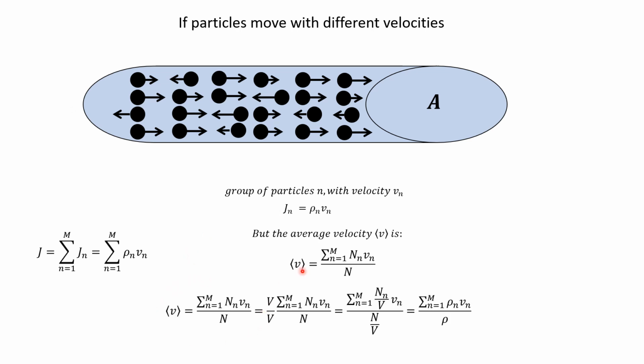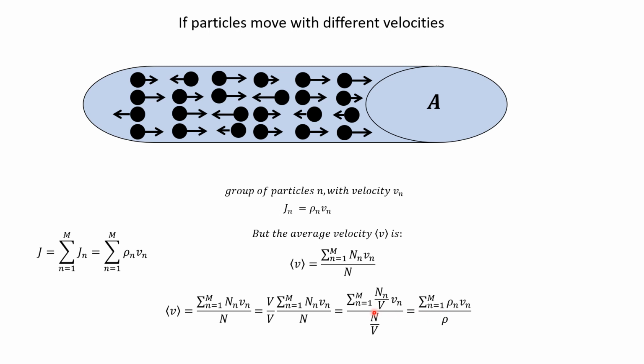Here I'm just repeating this expression because we want to change it to express it in terms of the concentration. To do that, we multiply the numerator and denominator by the volume, and then we move this term here, this term here. So this term is the number of particles with velocity Vn divided by the volume. So it is the concentration of the group N. And this term is the total number of particles divided by the volume.